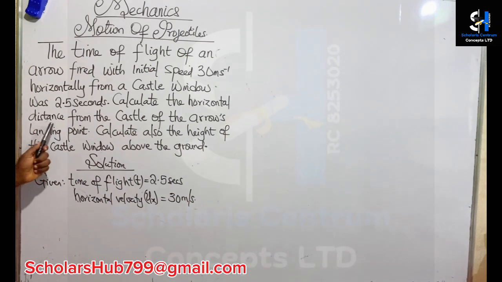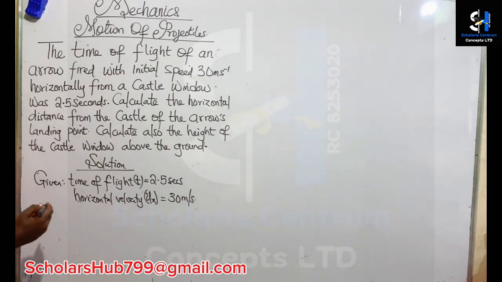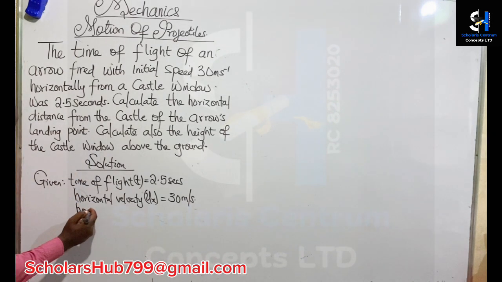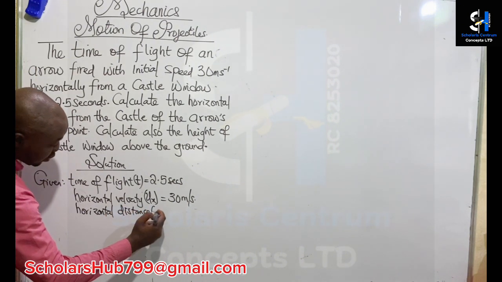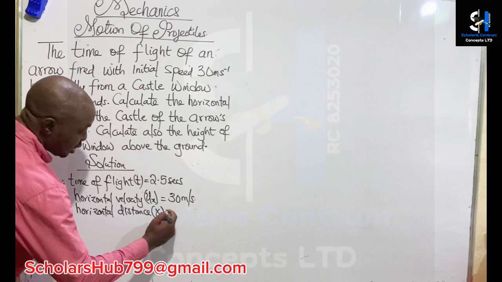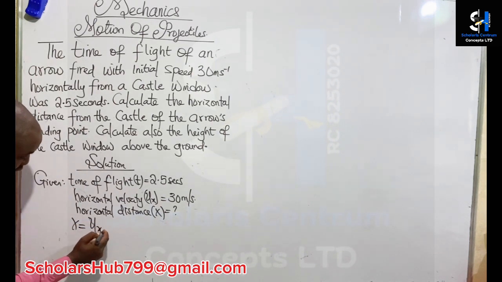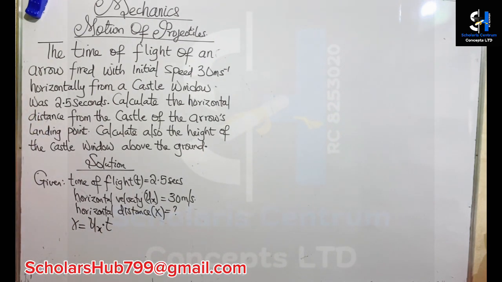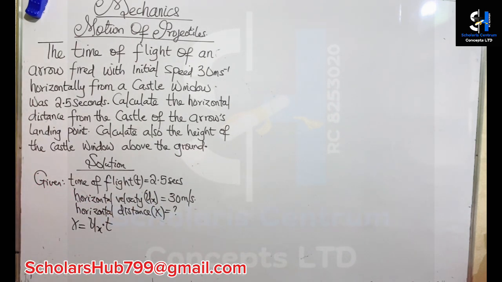Now we want to calculate the horizontal distance from the castle to the arrow's landing point. Horizontal distance will be x, and that is what we need to find out. So x, the horizontal distance, equals the horizontal velocity ux multiplied by the time of flight t.